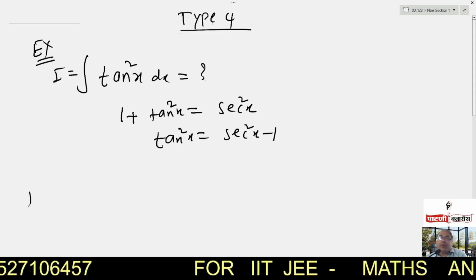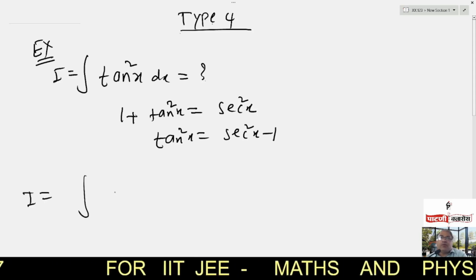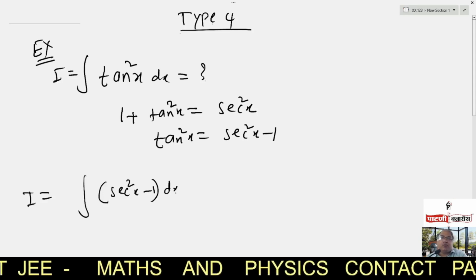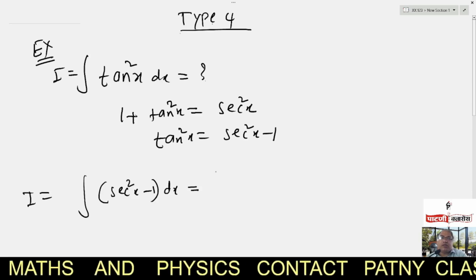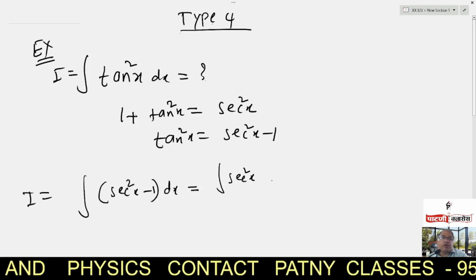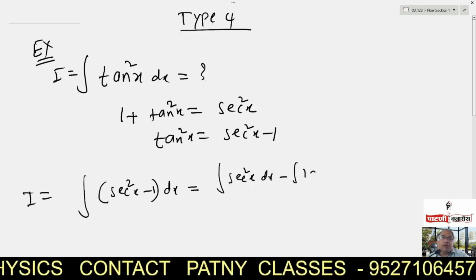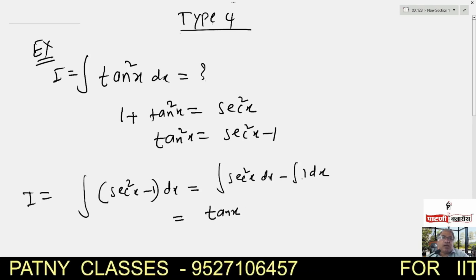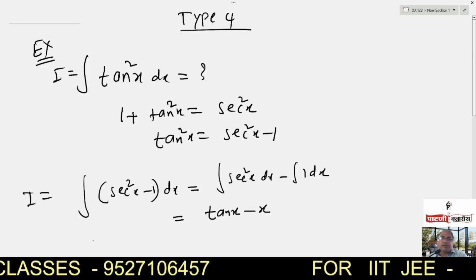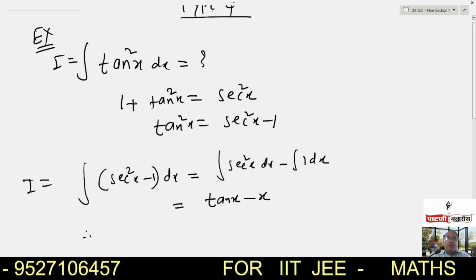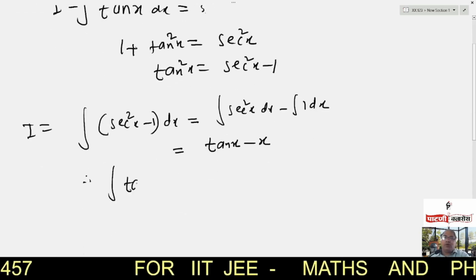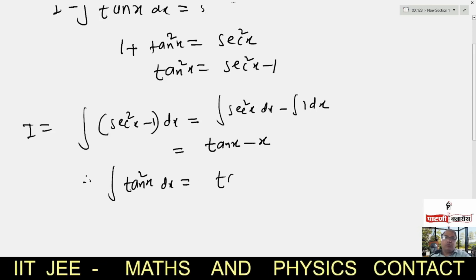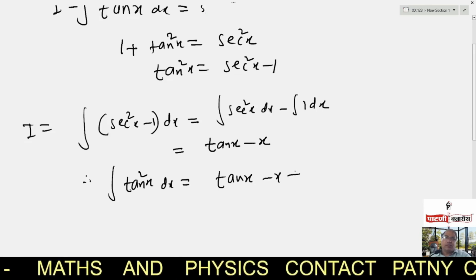Therefore, I equals integration of sec square x minus 1 with respect to x. This equals integration of sec square x dx minus integration of 1 dx. Integration of sec square x is tan x, and integration of 1 is x. Therefore, integration of tan square x with respect to x equals tan x minus x plus c.